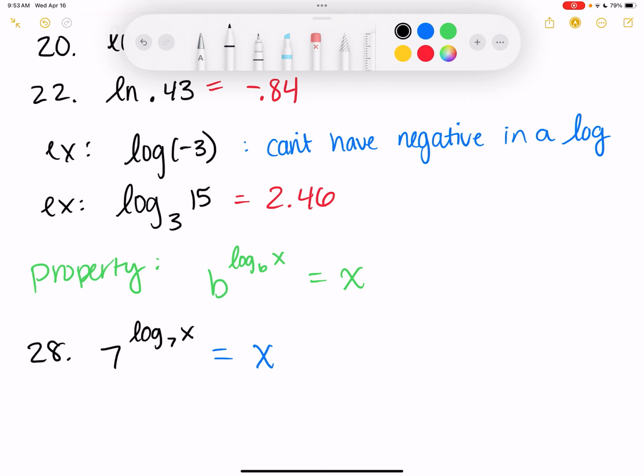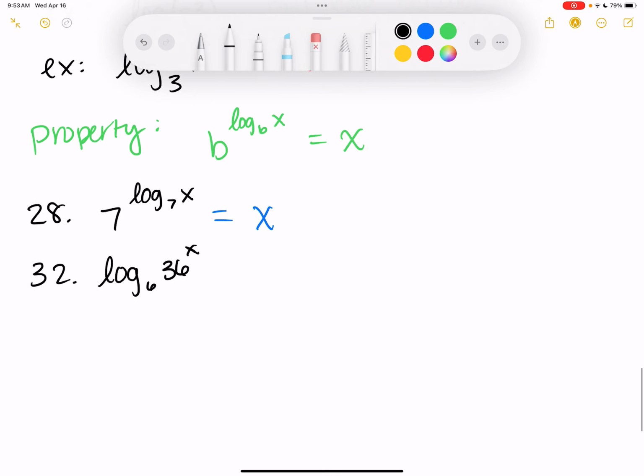32. Log base 6 of 36 to the x. Any ideas what I could do with this one? You can rewrite 36 as 6 squared. So this would be log base 6 of 6 to the 2x, and not just 2 squared, because it's 36 raised to the x.